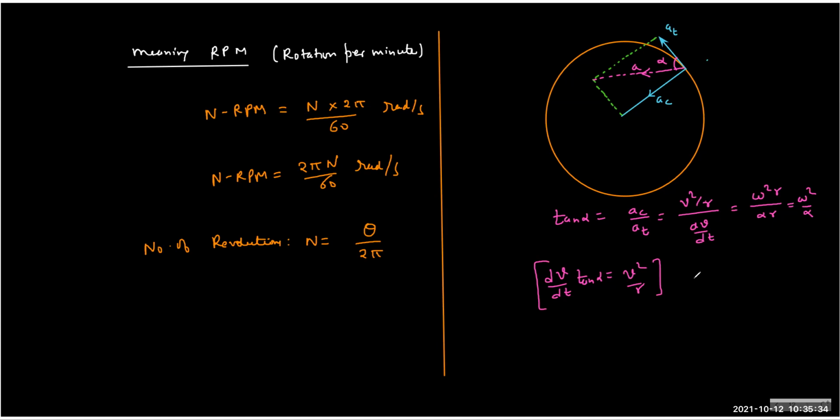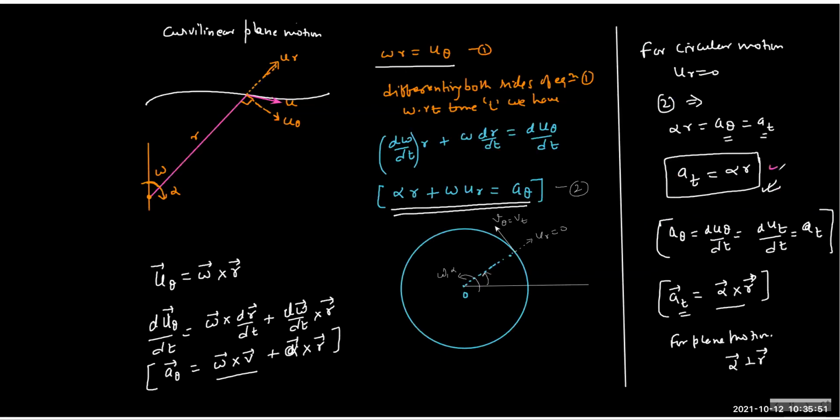Why, sir? Pardon? What is why? When we use omega square R, we have to use alpha. We know that tangential acceleration equals alpha R, right?